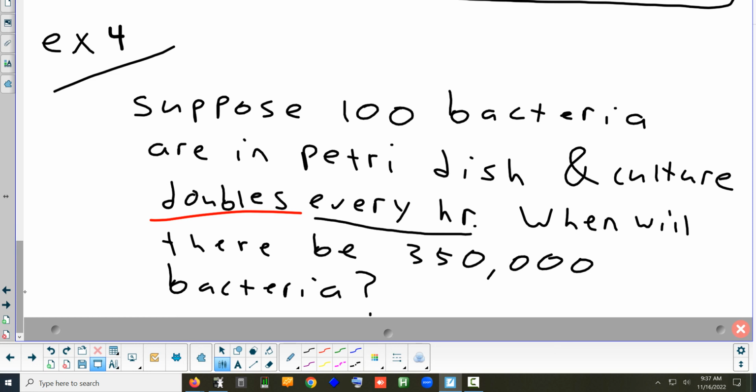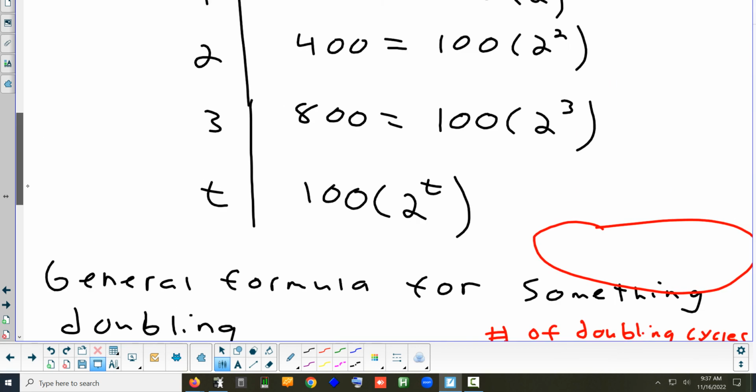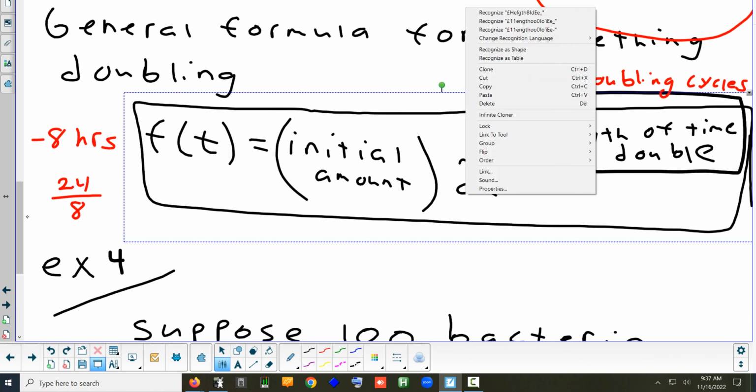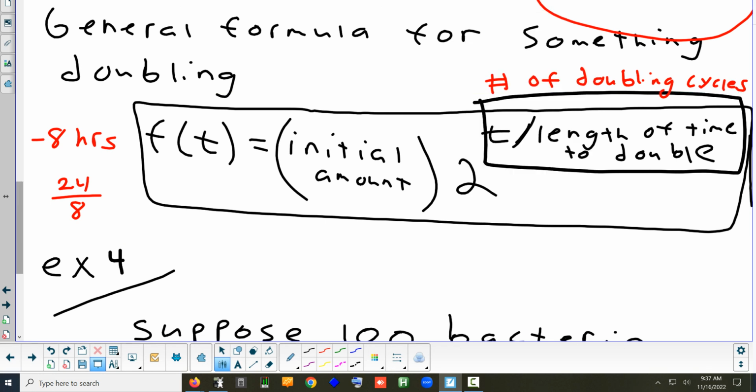When something is doubling, that is a growth rate of 100%. So the formula that we're going to use is really the same formula we used before. It's 1 plus r. But r is 1 because it's a 100% growth. That's why we use 2 as the base. 1 plus 1 gives me the 2.